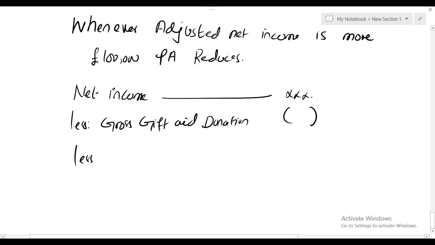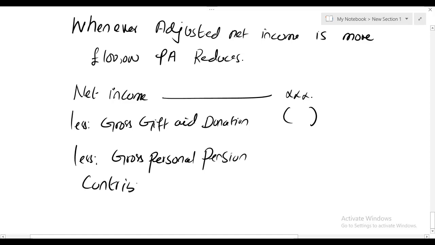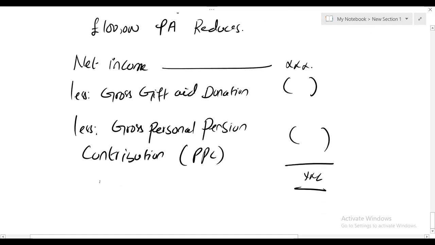You need to deduct gross personal pension contribution. And we call it PPC also. So whatever comes, this is your adjusted net income.